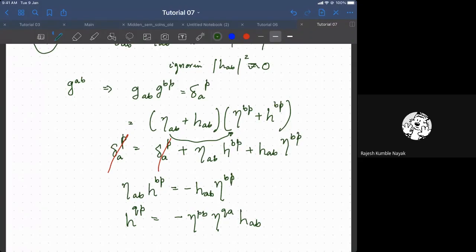So this implies that GAB is equal to eta AB minus HAB, where HQP is given as minus eta PB eta QA HAB. So this is a relation between the covariant and contravariant metric coefficients. Does it make sense?